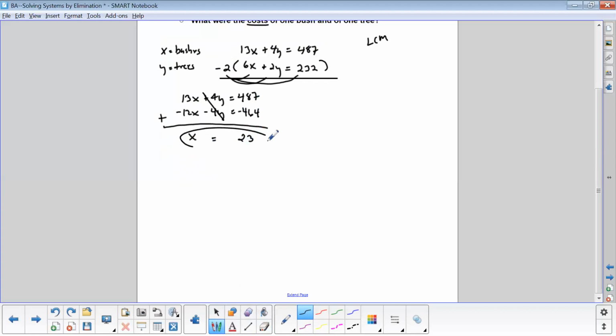So now that I know that x is 23, I know that it's going to be part of my solution. I've got to find out what y is. So I'm going to substitute x of 23 either here or here into the equation. It doesn't matter which one. So I'm going to take the second equation, which will be 6 times 23 plus 2 times y equals 232.